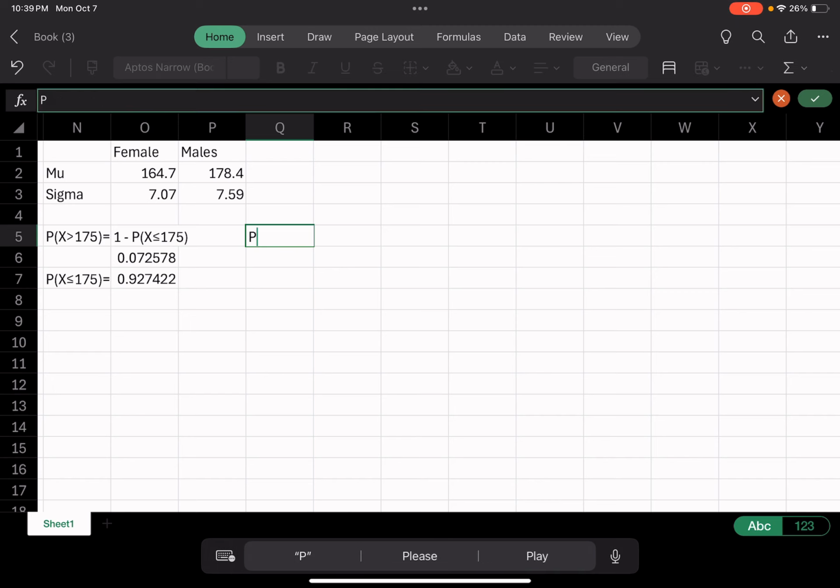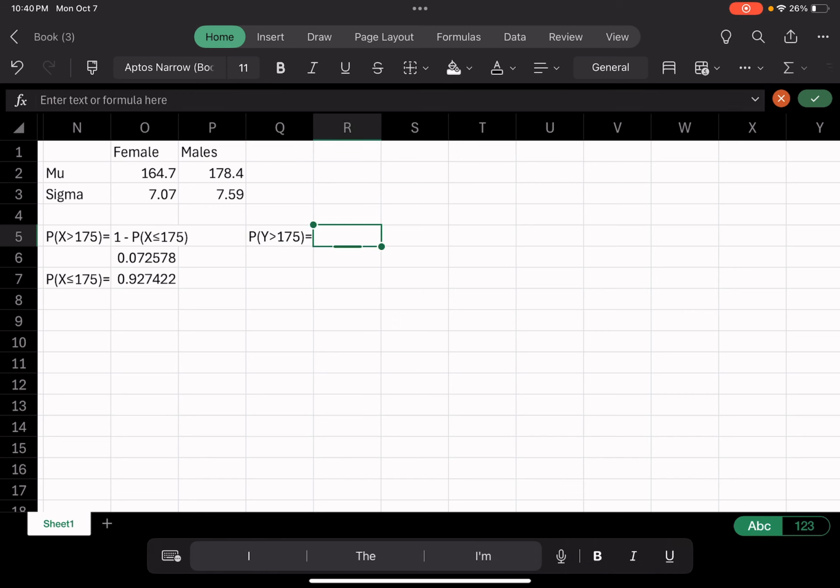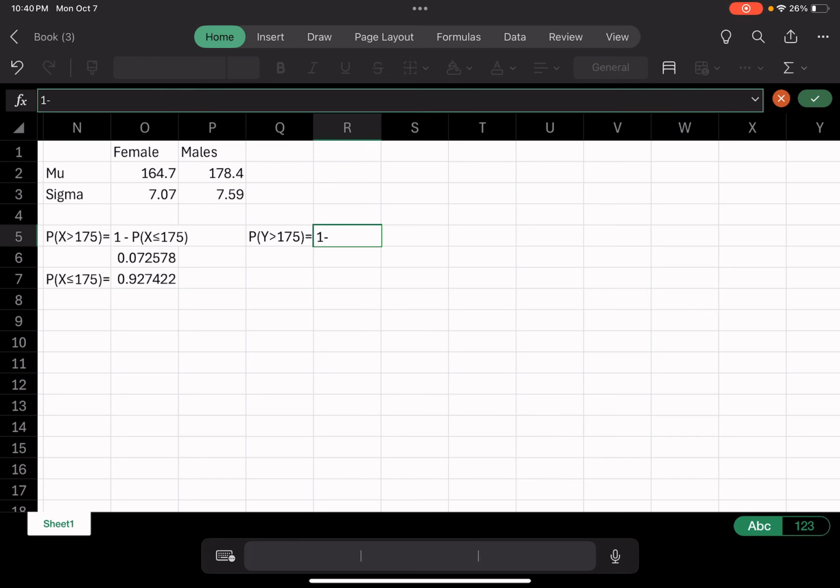So the probability that y, my male heights, is going to be bigger than 175 is going to equal 1 minus the probability of y being less than or equal to 175. So I do the same thing.